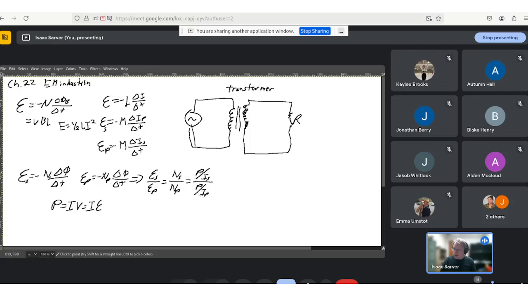Well, the power is the same on both sides, so these guys go away, and we turn everything upside down, and it turns out that this is equal to I primary over I secondary. Okay.